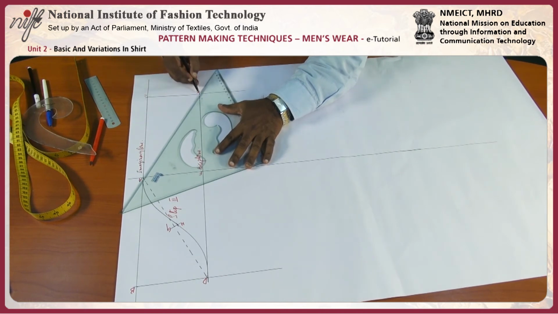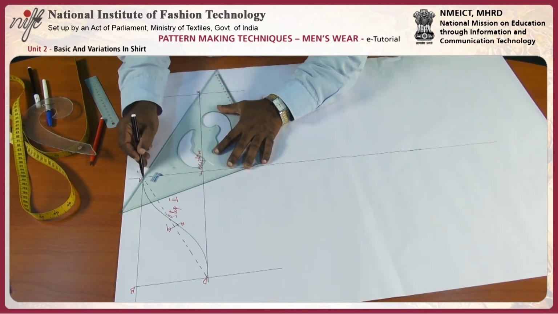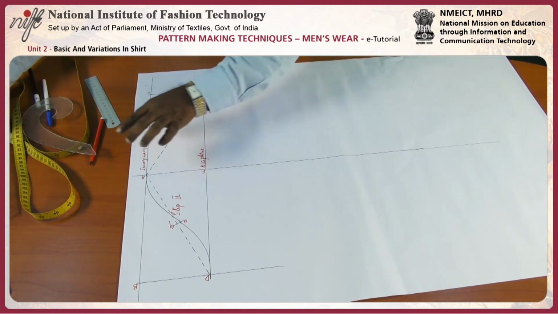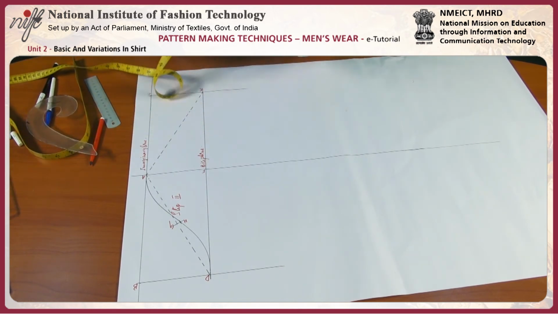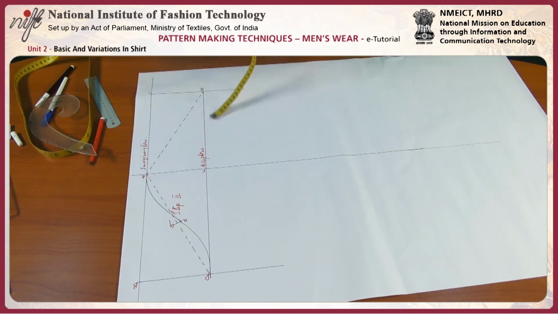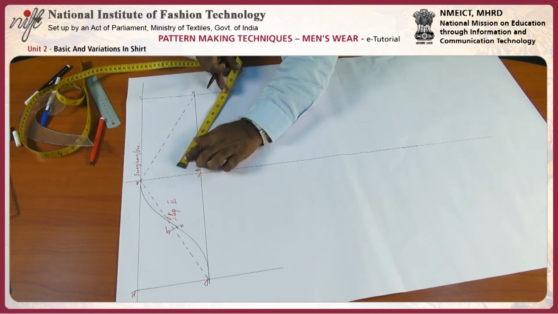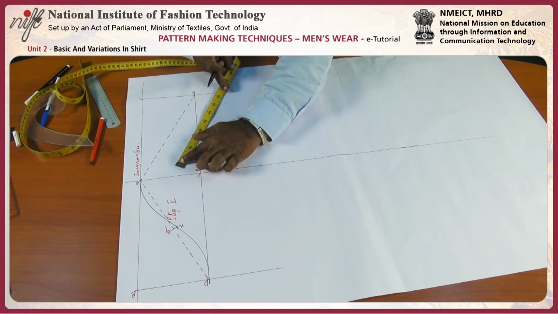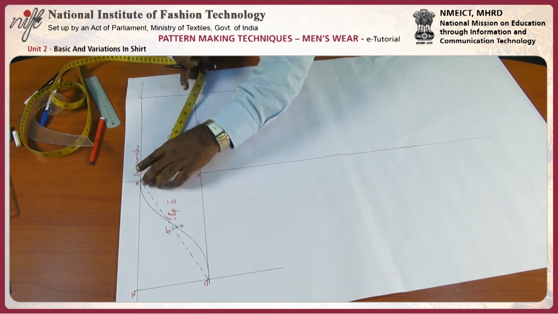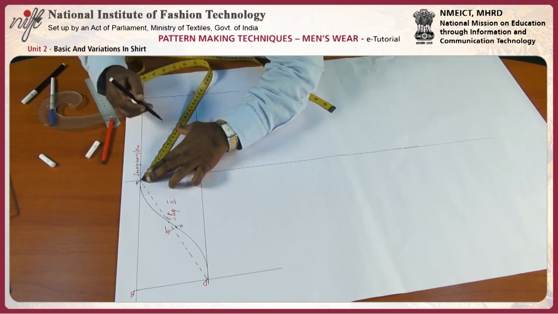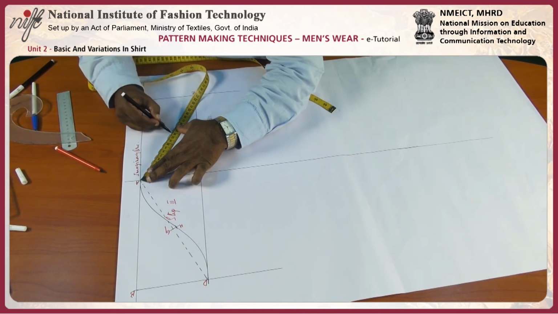First, join AE with dotted lines. Then mark AI equal to AG, and mark IJ facing the imaginary line. This will be the same as AG, that is 12.8.